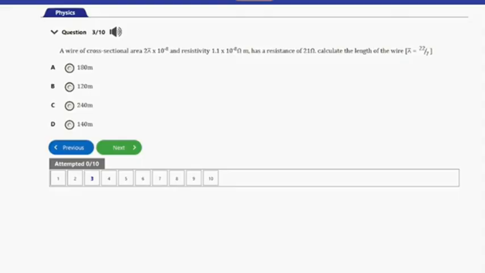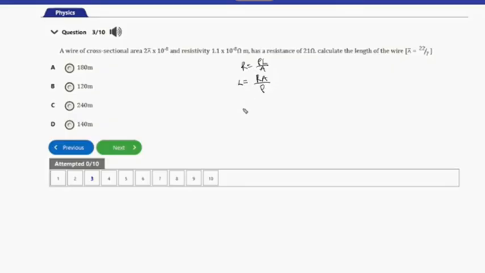So guys, in order to solve this, we are still going to make use of the equation. Resistance R is equal to resistivity times length over the area. So if we make length the subject of this equation, we're going to have that length here is equal to resistance R times area A over the resistivity.